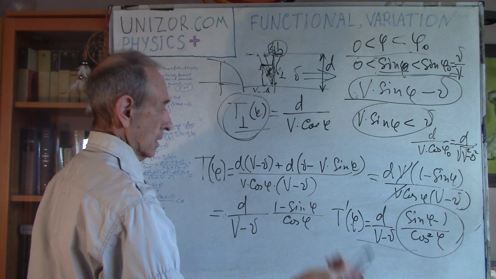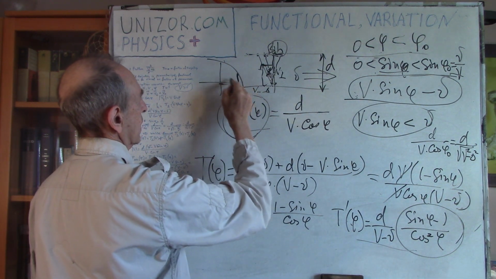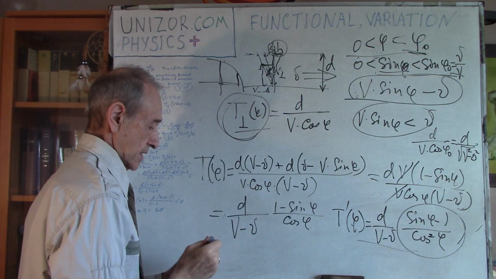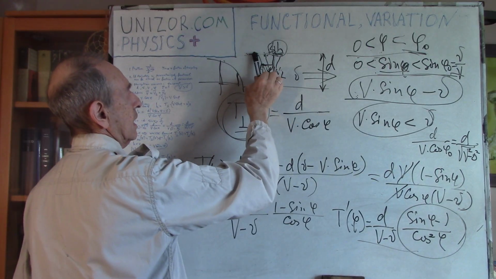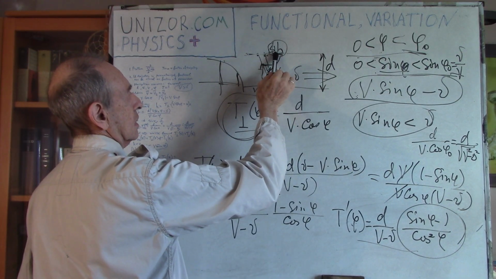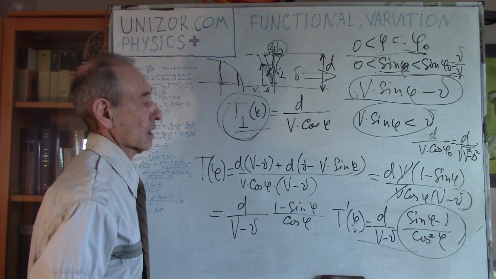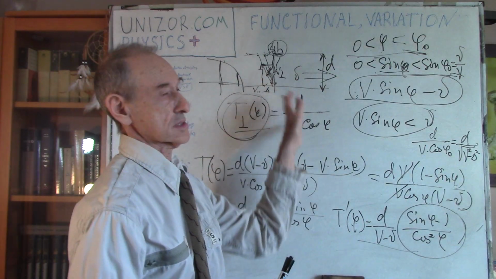So its minimum value would be wherever I started, at phi 0. So that's the solution, an intuitive solution. Whenever you're moving this way and the current brings you exactly to the point of destination, that is the best solution. And again, we have solved it without really considering all the possible trajectories.